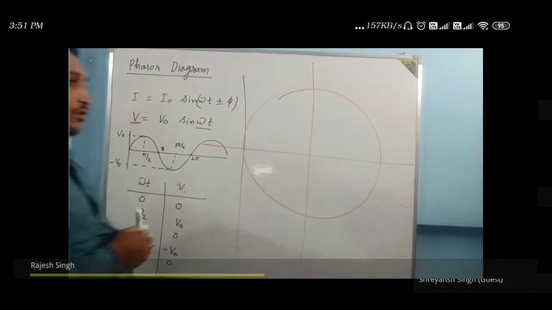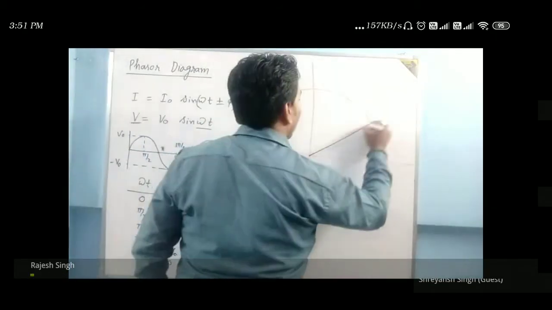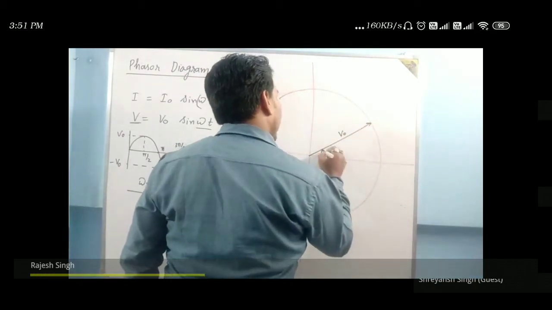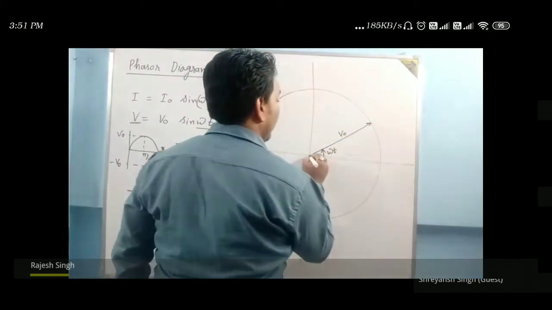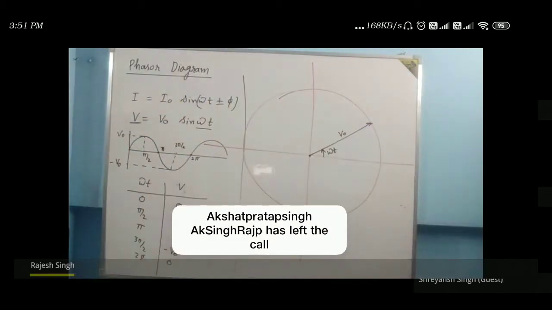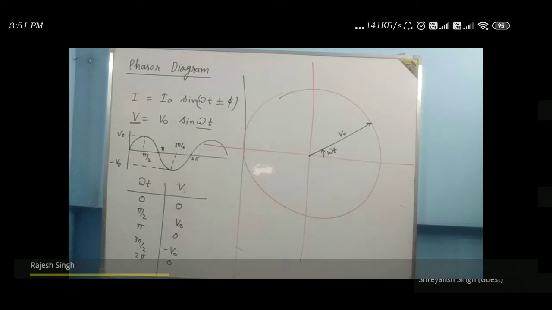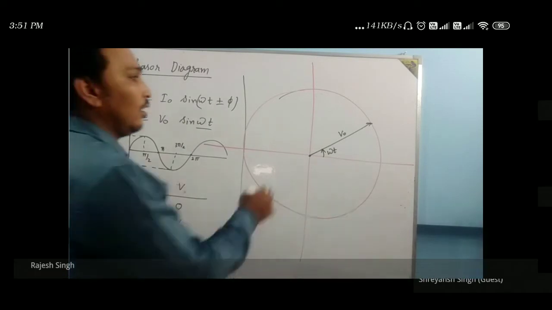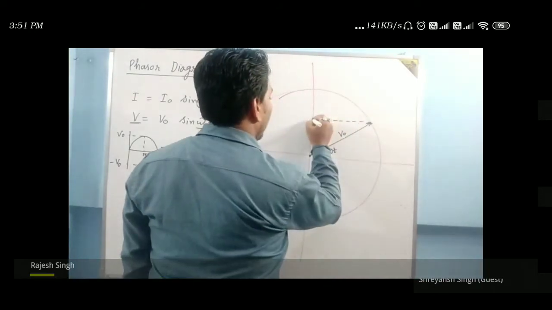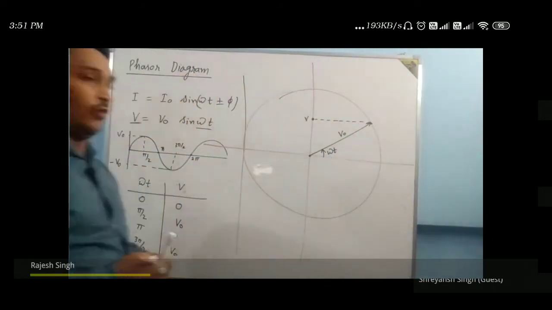Say this is your arrow whose length is V0 and it covers an angle of omega t at time t. What is the value of V at this point of time? We draw a perpendicular, so this is the value of V at this point of time.